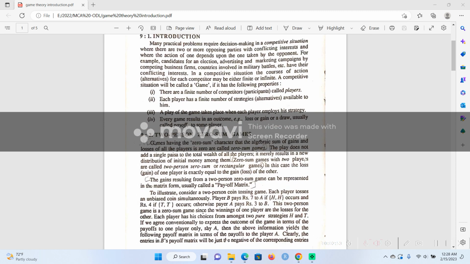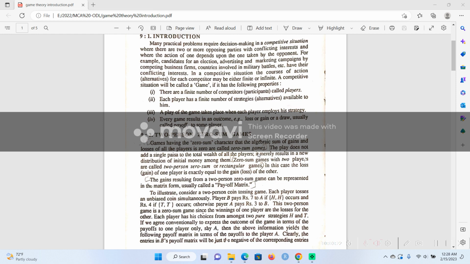Afterwards, we should know what is meant by a two-person zero-sum game. Games having the zero sum character, where the algebraic sum of gains and losses of all the players is zero, are called zero sum games. If that character is present, then our game is known as a zero sum game.